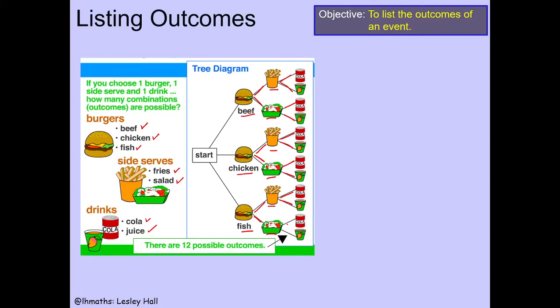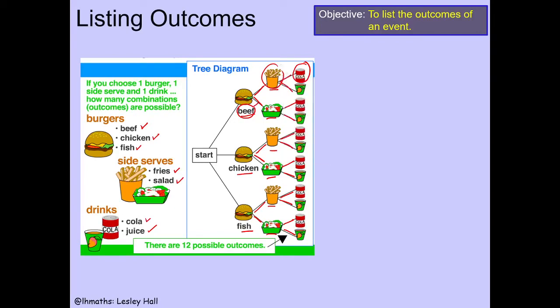So what is the first possible combination that can be ordered? Okay. Beef, fries, and cola. What about another combination? Second combination.